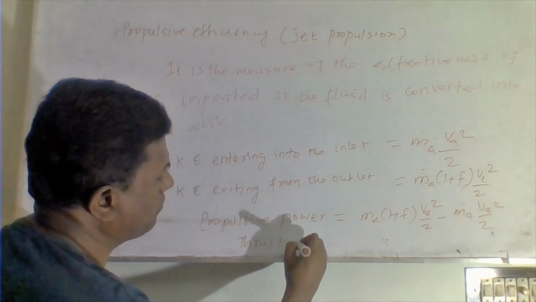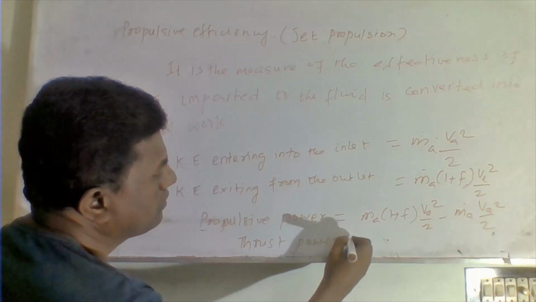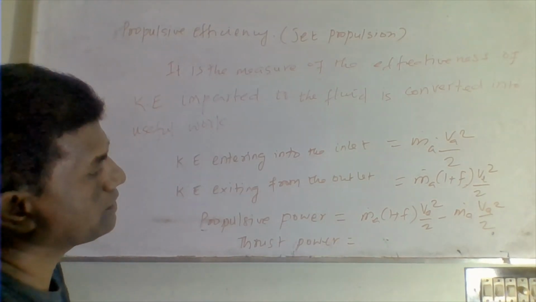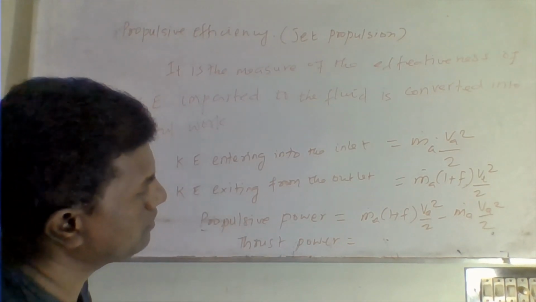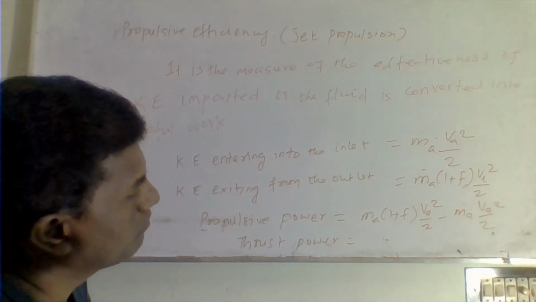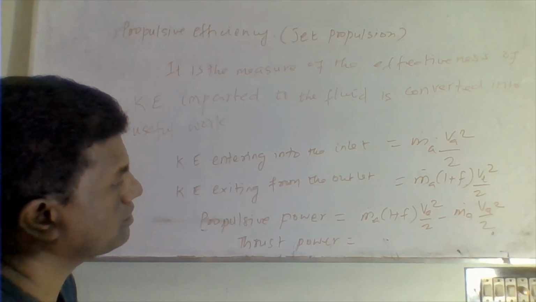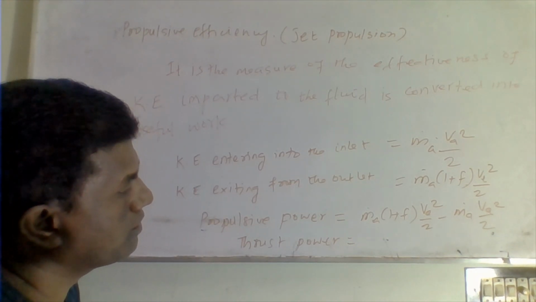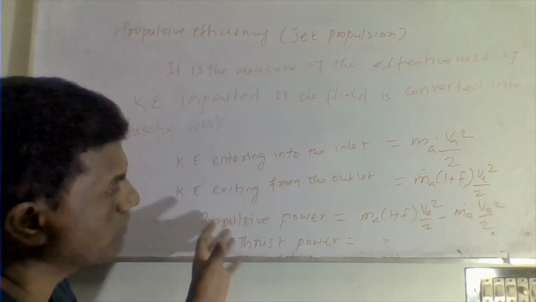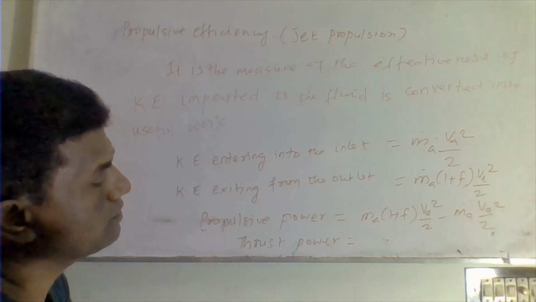We have a thrust power. We know how we calculate the thrust in jet propulsion. Generally, thrust is a combination of both momentum thrust and pressure thrust. Pressure thrust is omitted because of its small value compared with the momentum thrust.